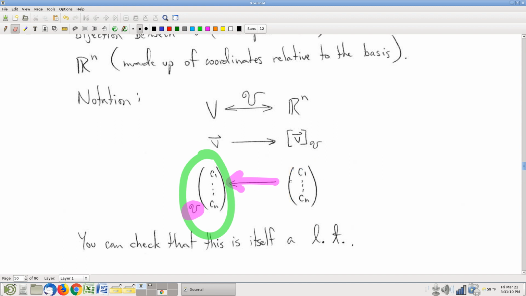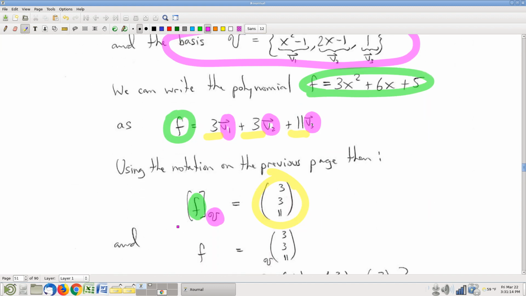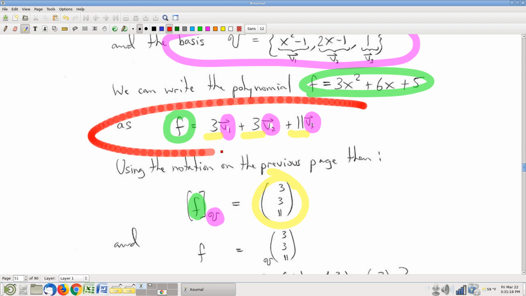Okay, anyway, with that in mind, that gives us a third way to describe this statement right here, about how f is a certain linear combination of the basis vectors. F's coordinates with respect to the script V basis are 3, 3, 11. F in V language is 3, 3, 11.